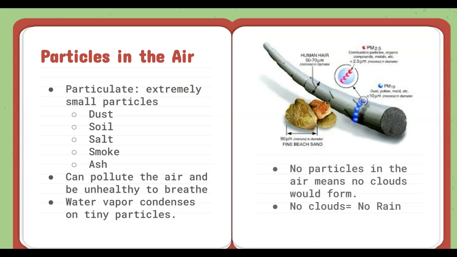When water vapor finds a particulate in the atmosphere floating around, it latches on and condenses onto that tiny particle and turns back into liquid water, which, when that happens millions of times, forms clouds. So we do need particles in the air, otherwise we would not have clouds, and if we don't have clouds, there would be no rain either, which would be a bad thing as well.